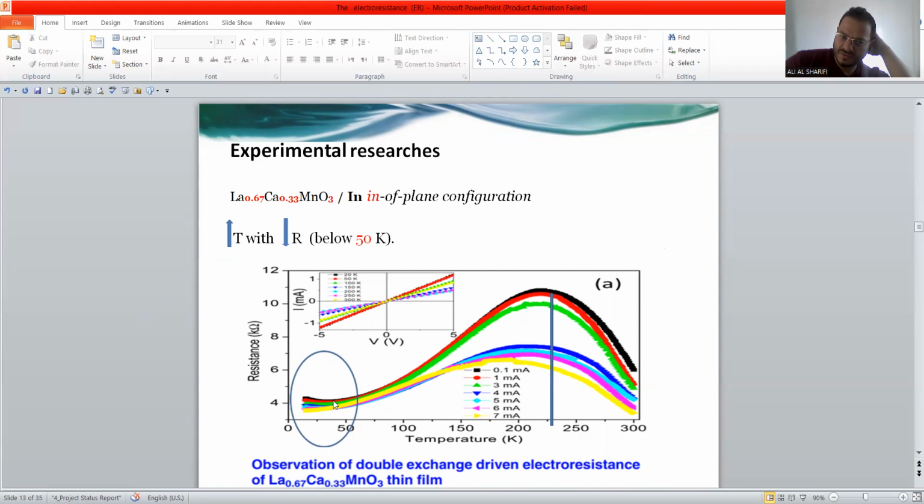From the black one, this one at the top, it decreases suddenly like that. Below 50 Kelvin it decreases, and after that increases, not too much, a little bit, for all of these amounts of current.